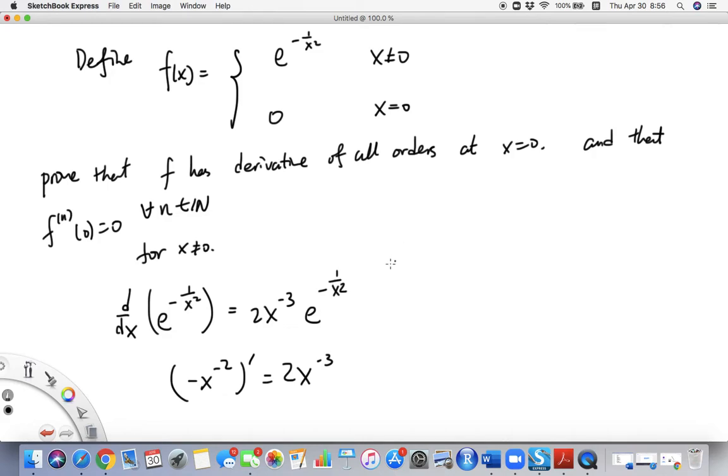Now for the second derivative, we have to use the product rule, right? So we first differentiate this.